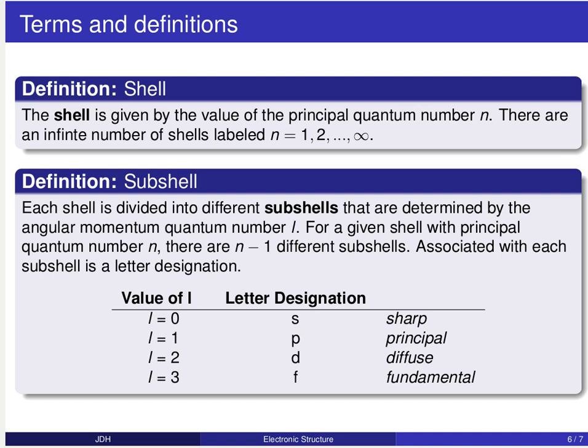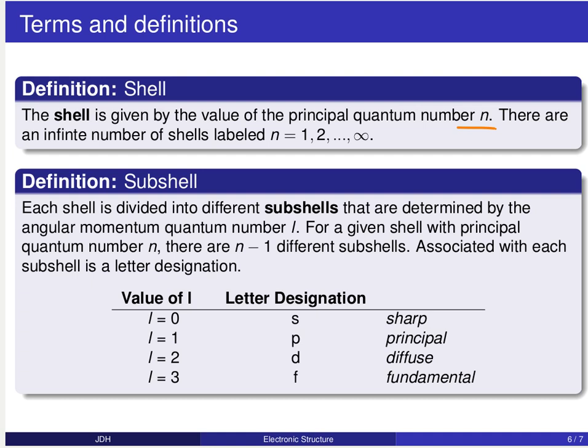So the first definition we have here is this concept of a shell. When we refer to a shell in an atom, and later we'll actually see molecules as well, the shell for an atom is basically given by the value of that principal quantum number n.